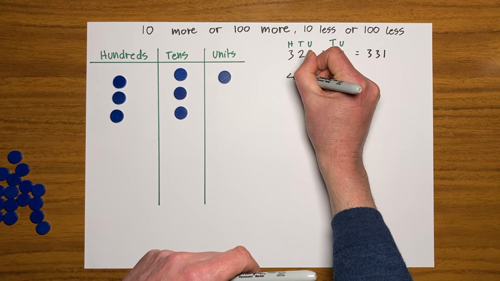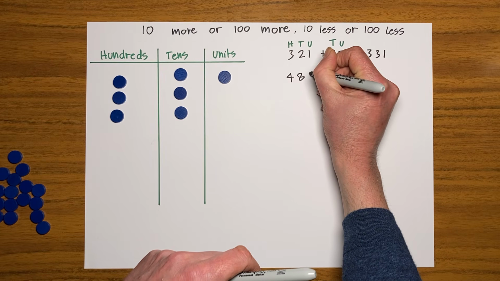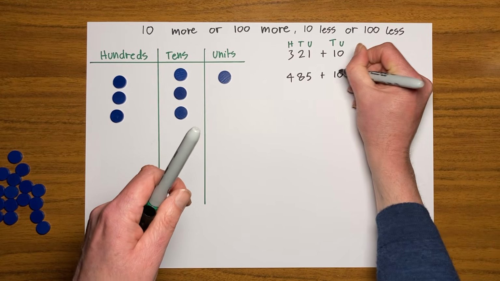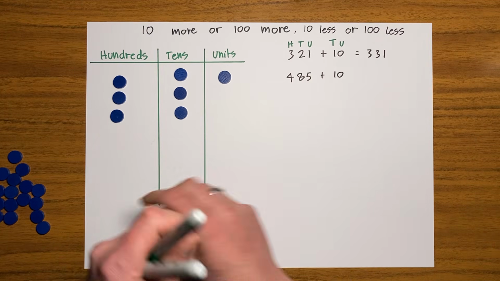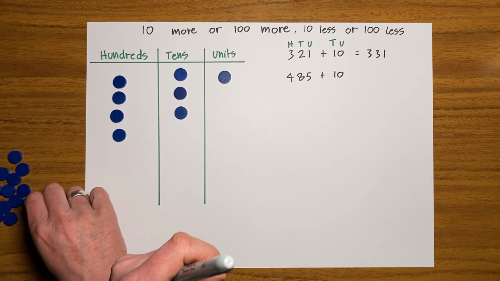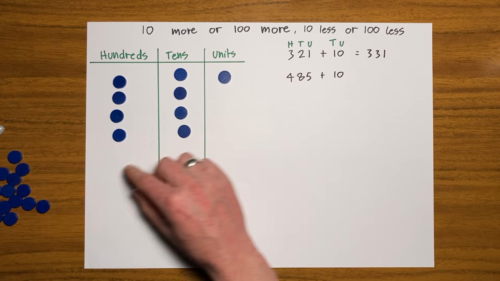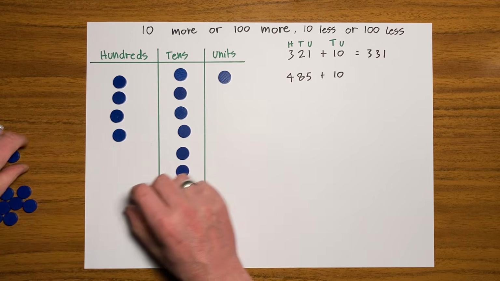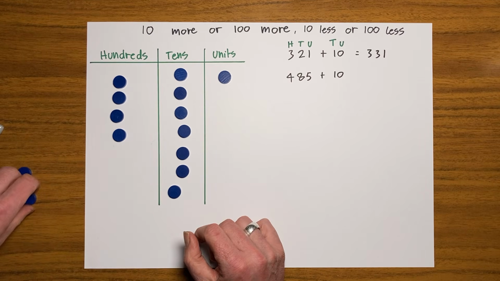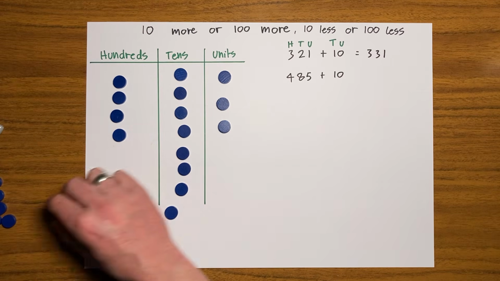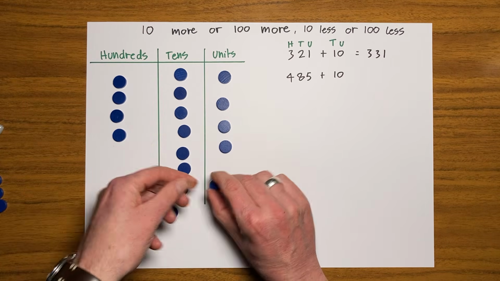Okay, let's do exactly the same thing with a different number. So let's try 485, and this time, yeah, let's add 10. So 400, and I've got 80 already. 10, 20, 30, 40, 50, 60, 70, 80. And I got 1, 2, 3, 4, 5.